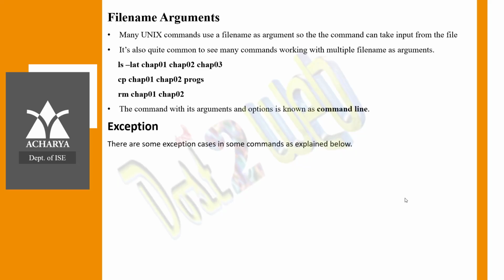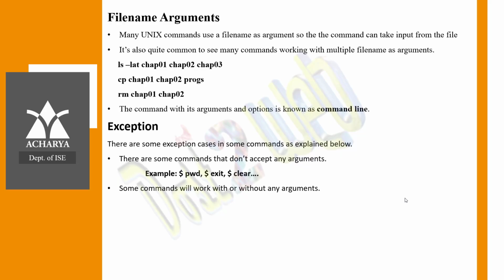So, we also discussed that there are some exceptions. What are the exceptions? There are some exceptions in the case of some commands as mentioned here, like $p. That means dollar; you are not going to write the dollar symbol, because the dollar will already be available before your command.